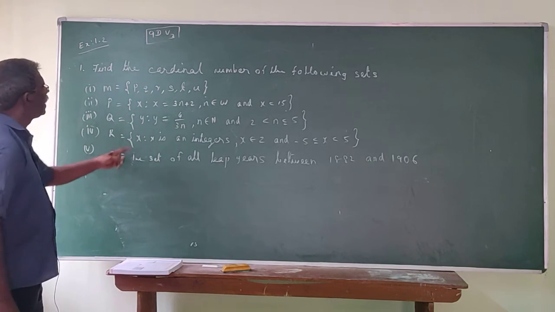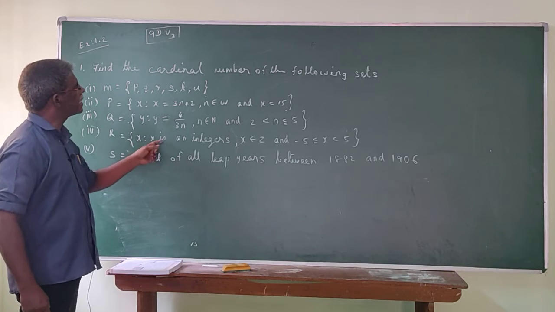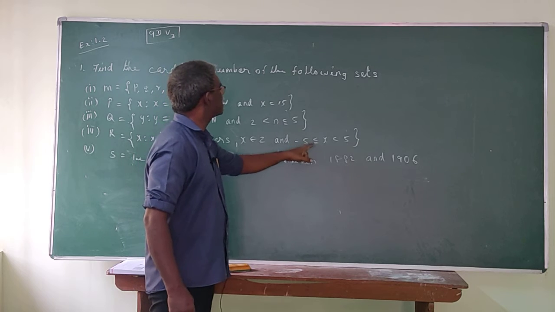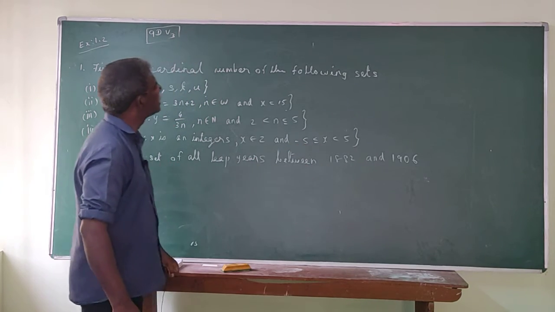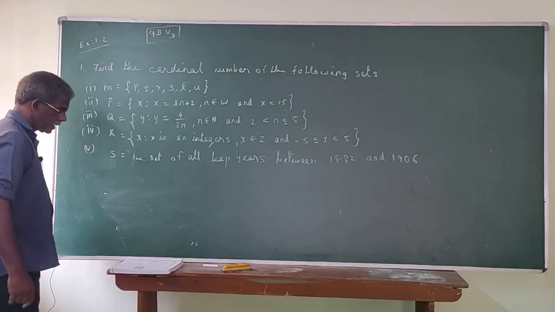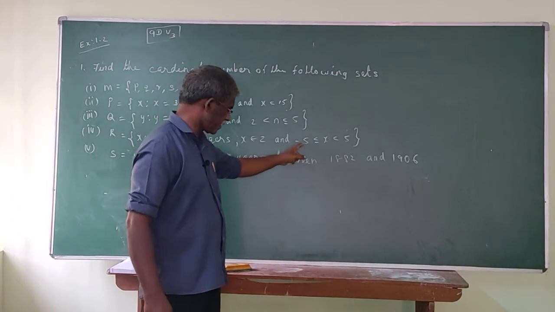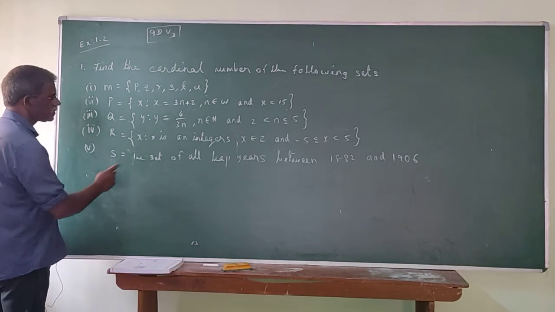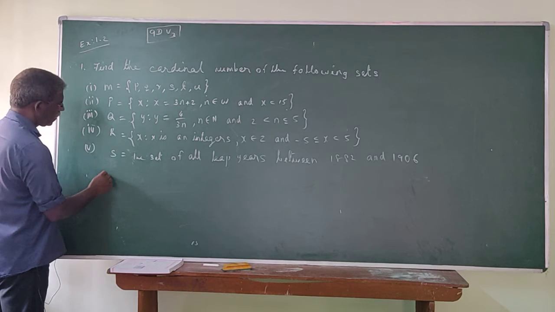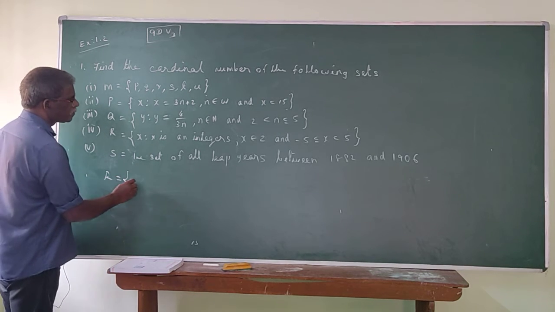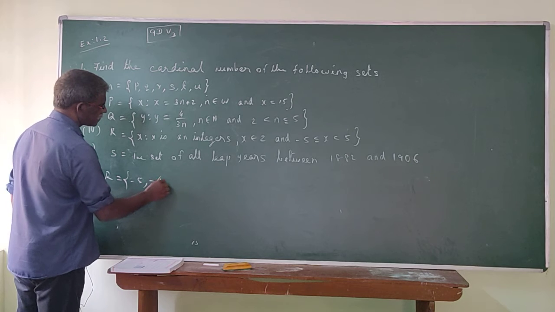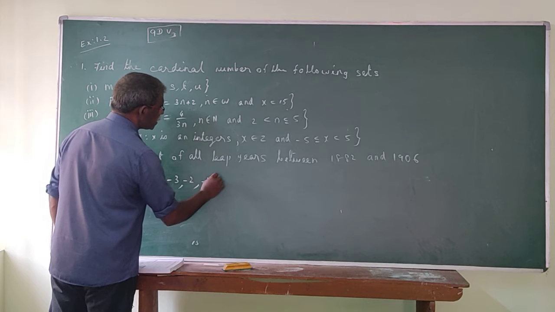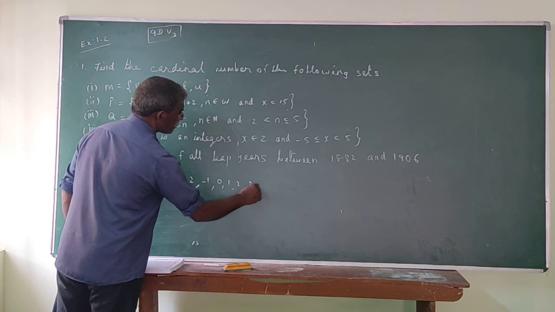Question number 4. x such that x is an integer, x element of Z, and x is in between minus 2 to 5. So x is greater than or equal to minus 5 and less than 5. That means r is equal to minus 5, minus 4, minus 3, minus 2, minus 1, 0, 1, 2, 3, 4.